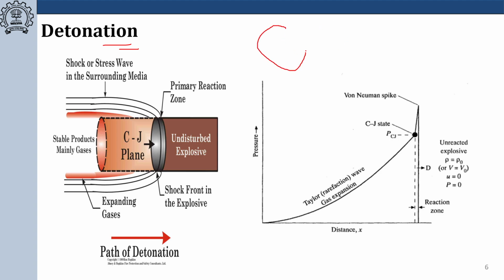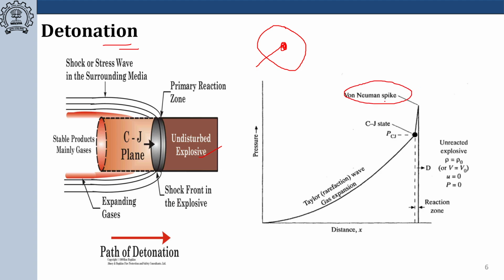Basically, when you have an explosive material, you initiate a reaction. You ignite the charge or the explosive. When you ignite the explosive material, an infinitesimally small shock is induced into it. This compresses the undisturbed explosive material, and at that compression, if you measure the pressure, that is the von Neumann spike.